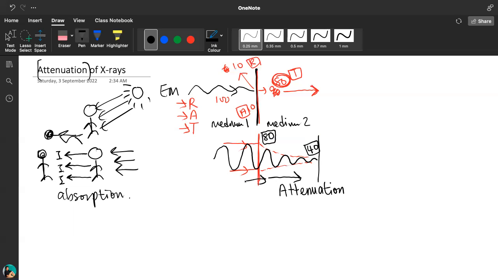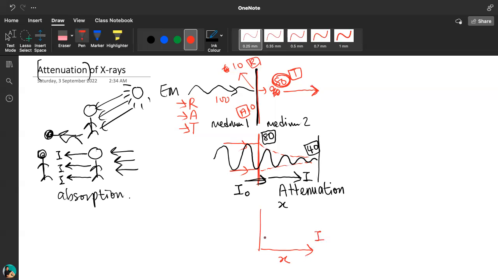What is the intensity initially? I naught. And what is the intensity somewhere down the distance? I. It's like how far you travel in the medium already. It is measured in x. So let's say this is the boundary. You're going this far, measured in x, somewhere down the medium.